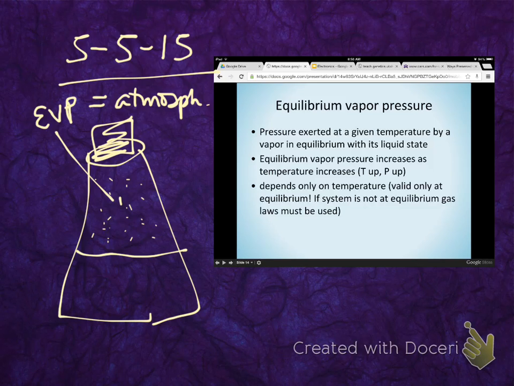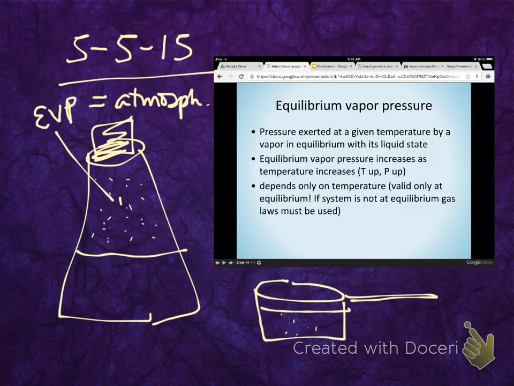It means it boils. So when you hit the temperature where the equilibrium vapor pressure is equal to atmospheric pressure, the stuff boils. Remember we said that boiling was different from evaporation because in boiling the bubbles actually start down in the water column, because the pressure that the vapor is exerting on the liquid is the same as atmospheric.